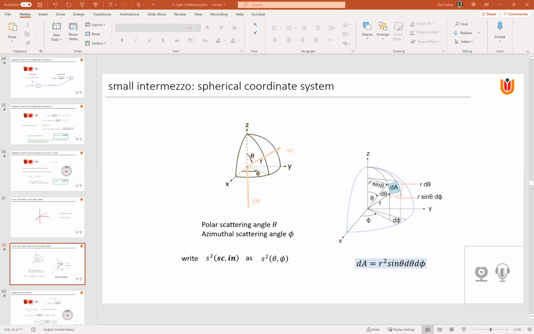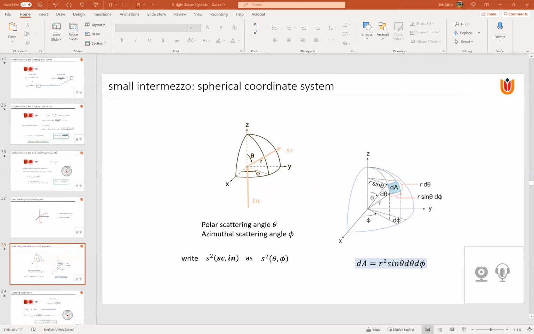It's always a little bit difficult to wrap your head around. But if we look not at just an XYZ coordinate system, but also at an R, so R is then along the direction of the scattering vector.